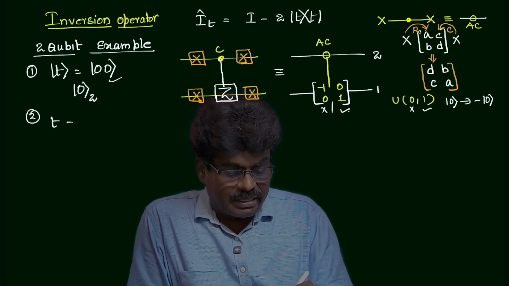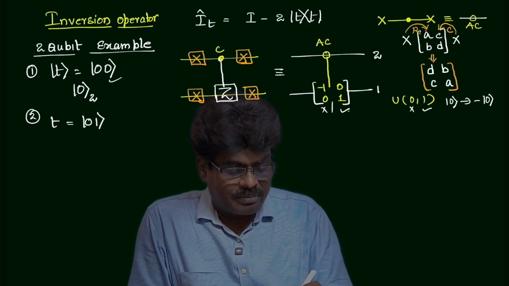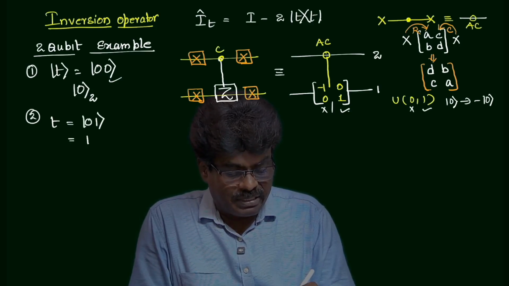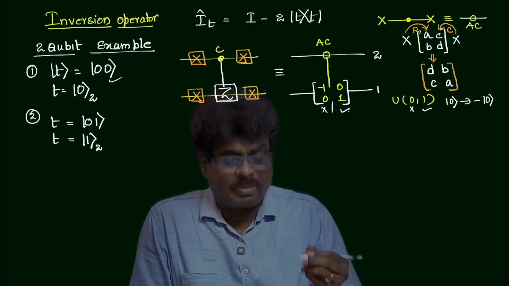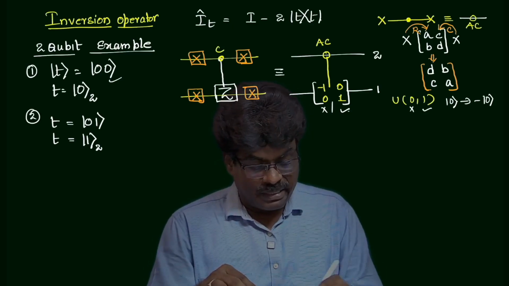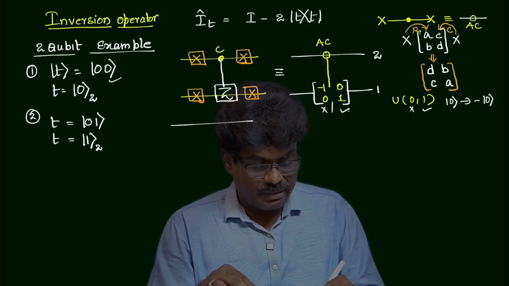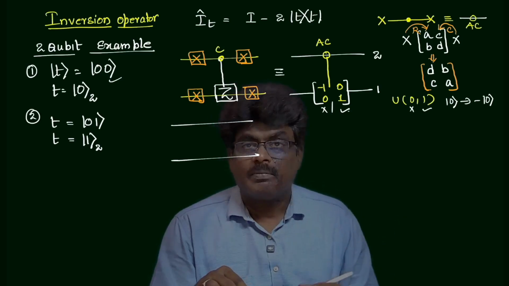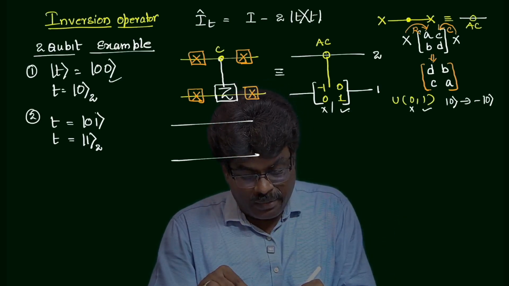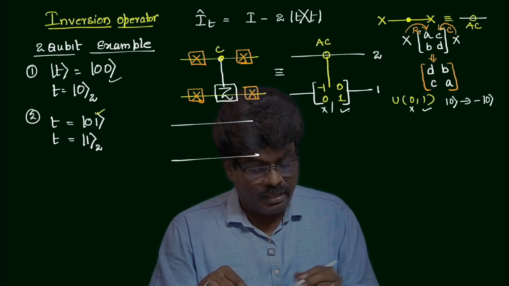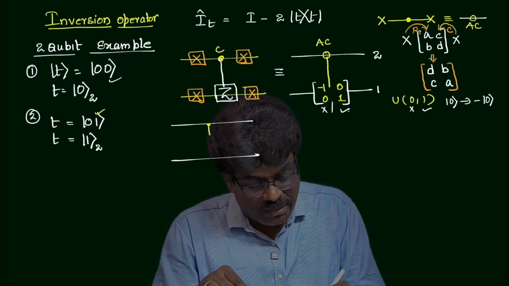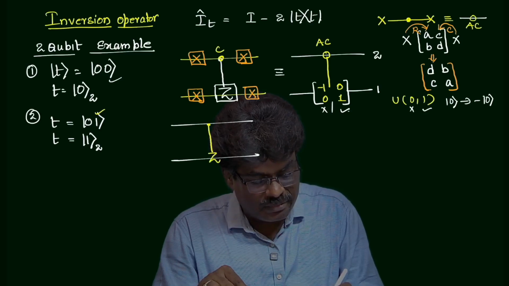So here I am taking the target state as 1. In the decimal state notation, I can write it as a 1 with the 2 qubits. Right. So let me take the circuit, the oracle here. Here I have the LSB. This is a 1. So as usual, first let me take the control Z gate.